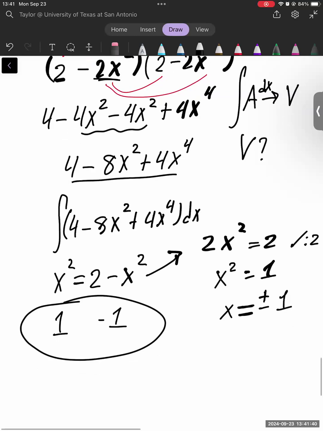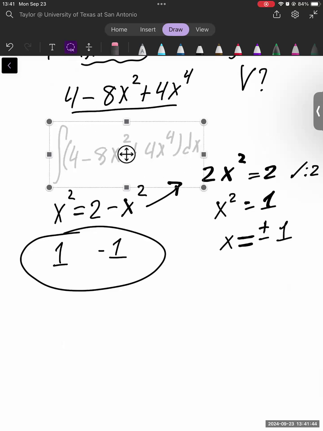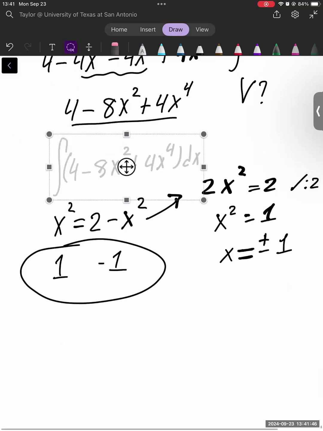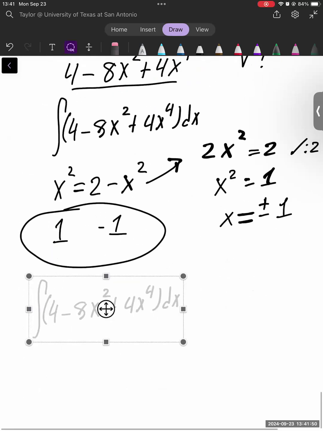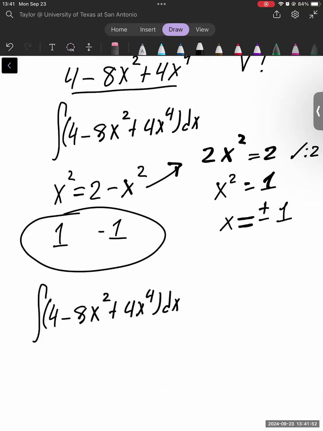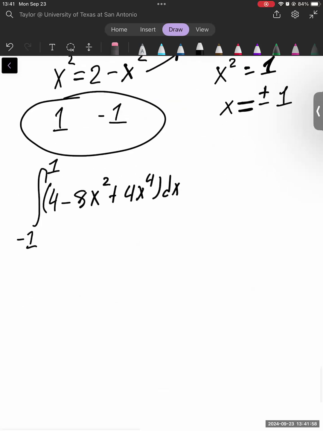Cool. All right. So rewriting this expression down here, I get negative 1 to 1. And then we're going to go ahead and use the power rule.